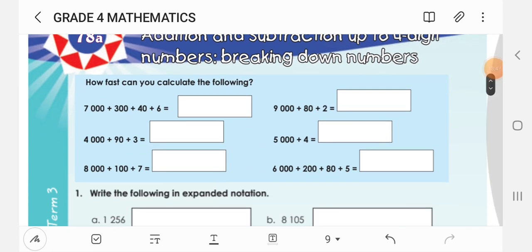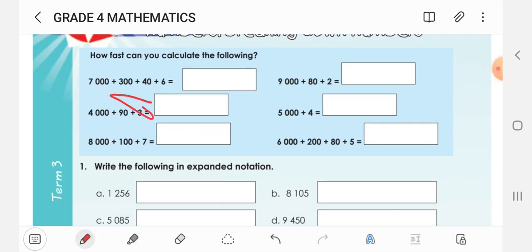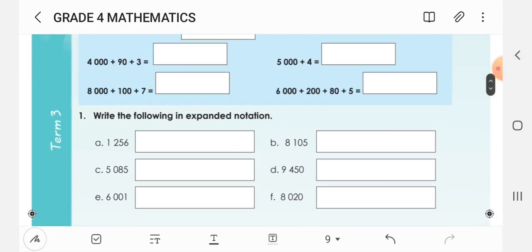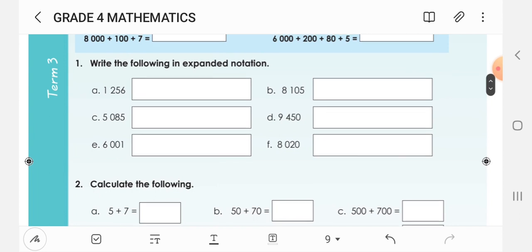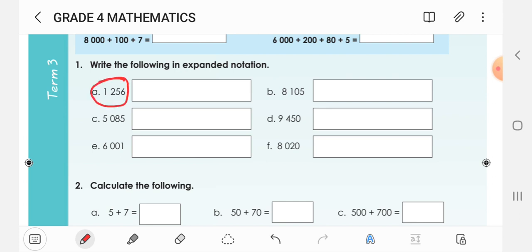So we are on page 32. This first one, you have done. I have shown you how to do it, so I will not be doing it with you guys. Let's do number 1. Write the following in expanded notation. When you expand something, you write it out separately. You separate the thousands, the hundreds, the tens, and the units.